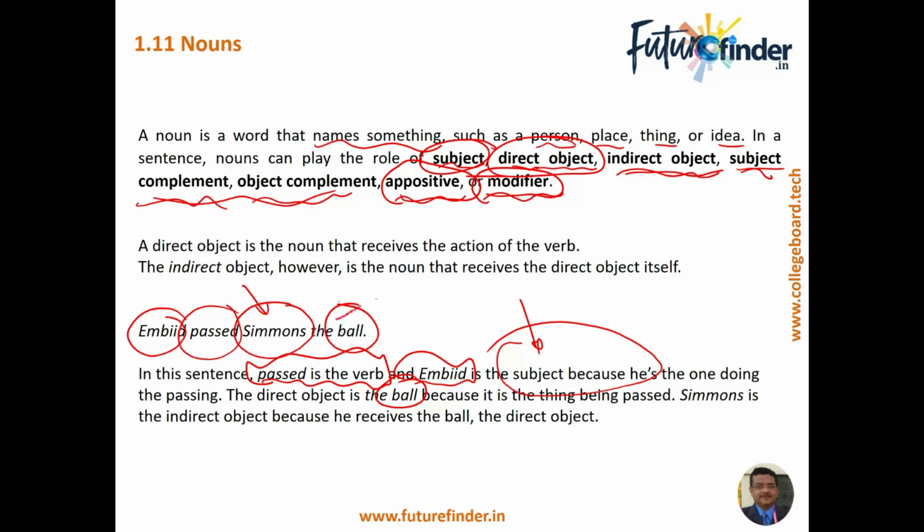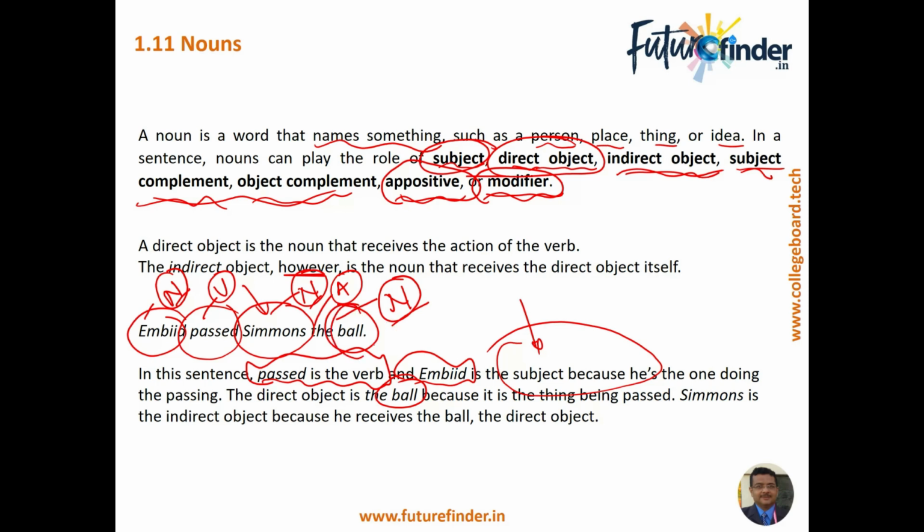As you can see, this is a noun, this is a noun, and again this is a noun. This is an article, and this is the verb. Very simple, small sentence. Obviously on the SAT, you cannot expect such sentences, but this is just for you to understand. So we have three nouns: noun 1, noun 2, noun 3.